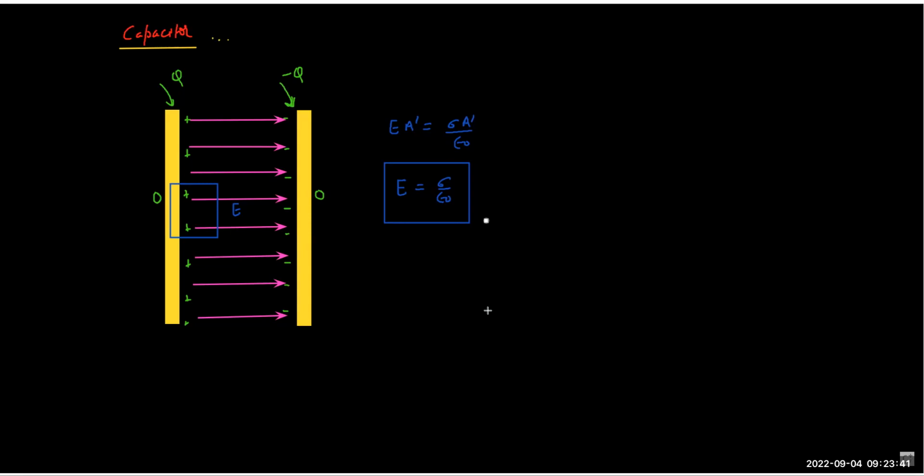So if we have multiple plates, how are we going to get the capacitance of a combination of plates? Let's put a heading: capacitance of combination of parallel plates.